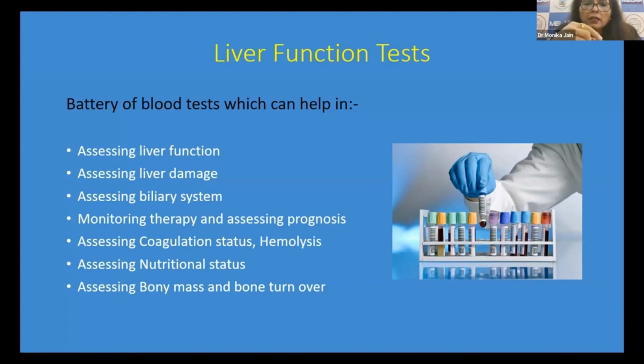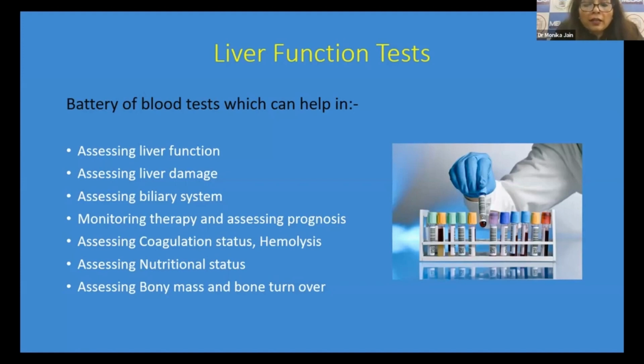Extrahepatic dysfunctions like coagulation status of the patient, hemolysis, can be assessed by LFTs. A very important parameter is the nutritional status. Just by looking at the LFTs, we can tell about the nutritional status of the person and the bone mass and bone turnover.